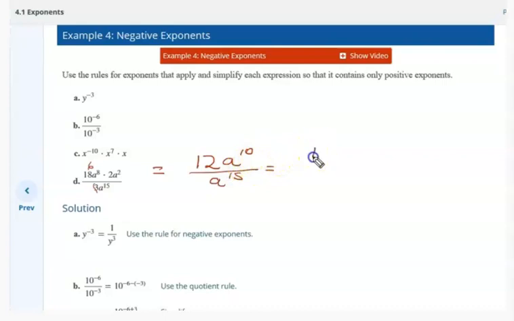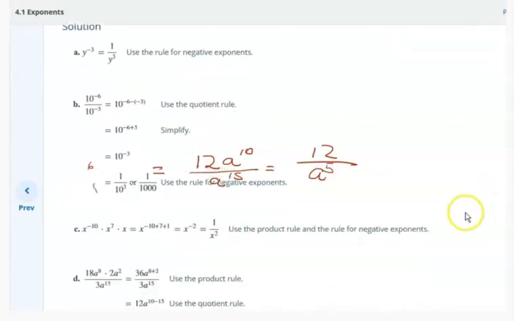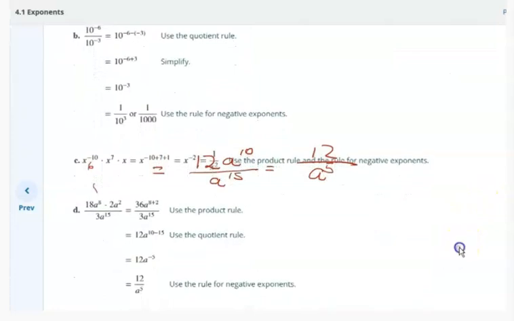But you need to do some simplification. This is 12 that remains there, but we're going to bring the 10 down, subtract it from the 15, and that gives us a to the 5th. And if we move it up here, we see our answer there.